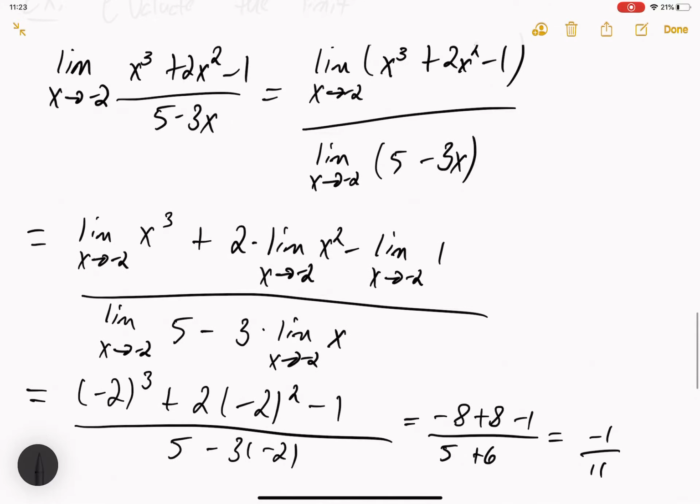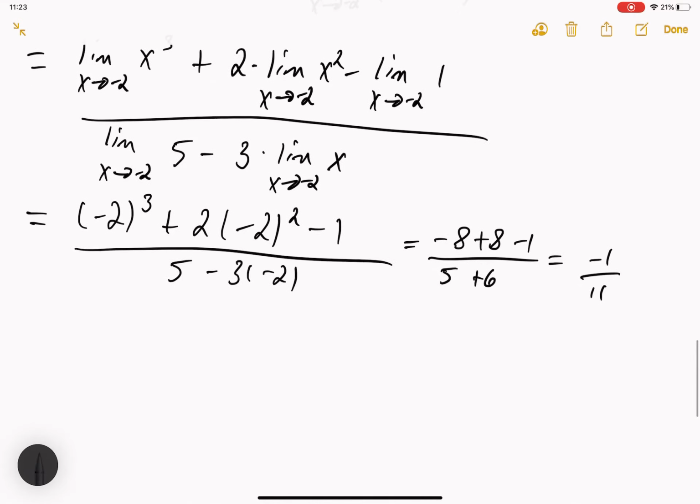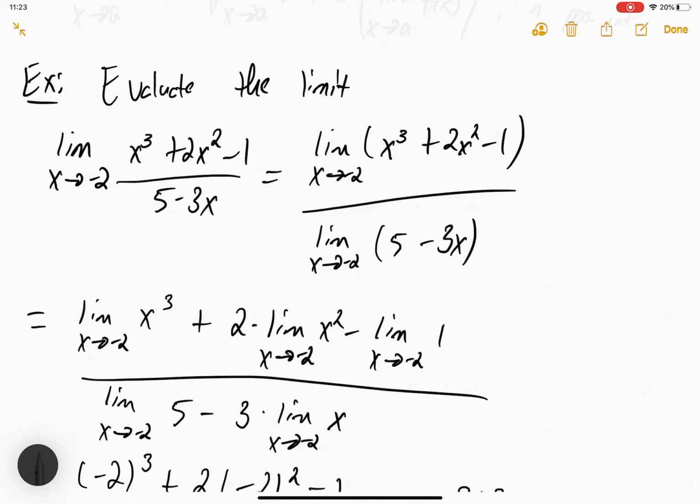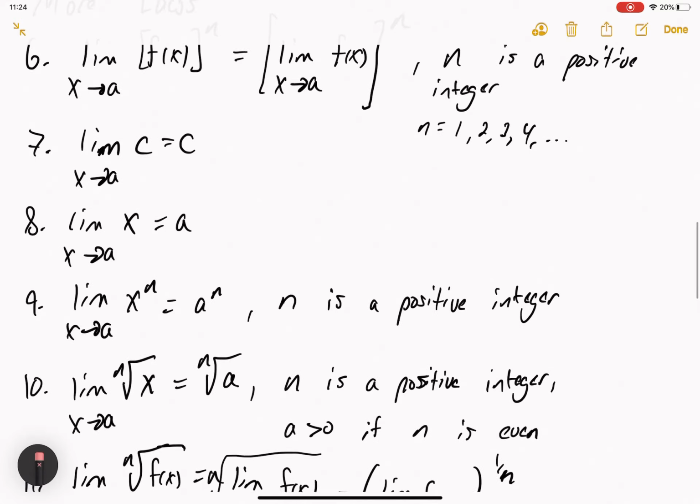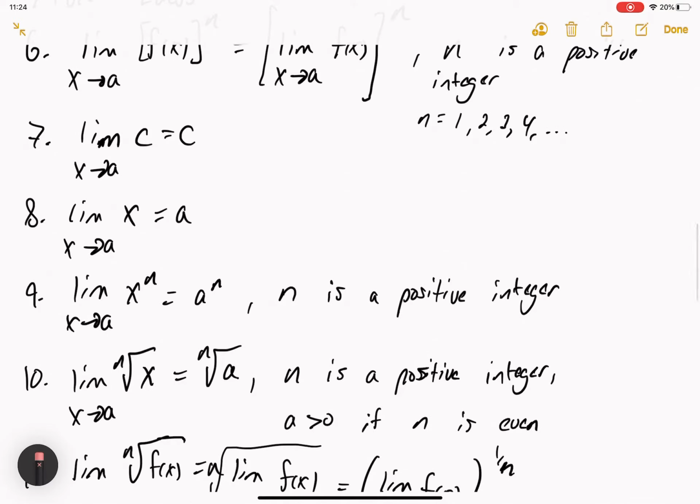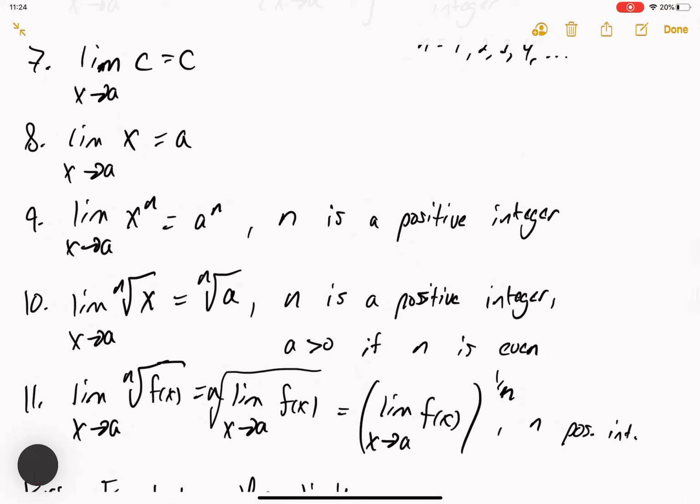Again, it might be tedious to write all the steps and break out the limits, but there's a thing we can do that gives this idea. If you call this argument g of x, we should note that if you just plug in -2 right here, with all the things we're doing here, like limit laws 8, 9, 10, all we did was really just plug in the limit.